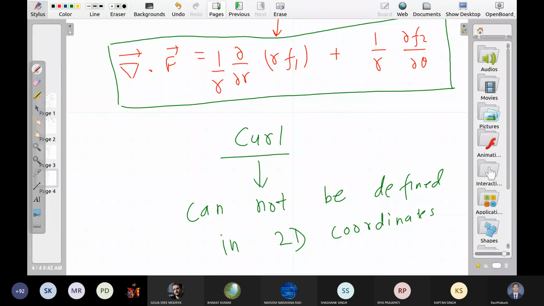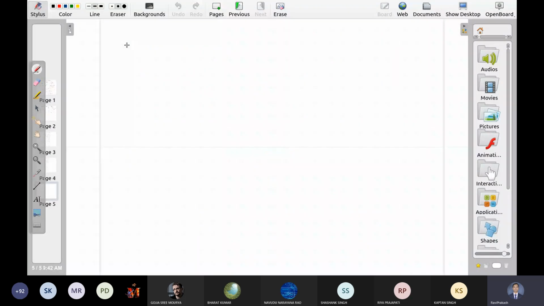Means either you have Cartesian x, y, z, or you have spherical. Spherical means r, theta, phi.